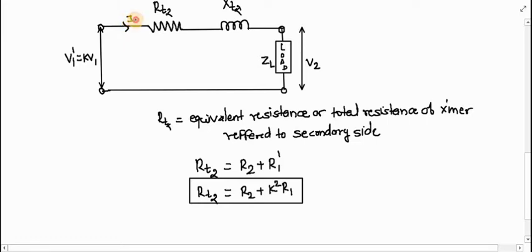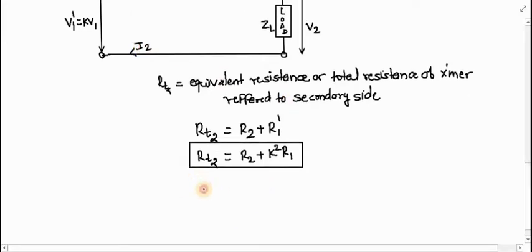This is your I2 because we have drawn this circuit referred to the secondary side and not I1. In the similar way of your RT2, I can write down XT2 is equal to X2 plus primary leakage reactance referred to the secondary side. So if we proceed in the similar way, we will get X1 dash equals K square into X1.